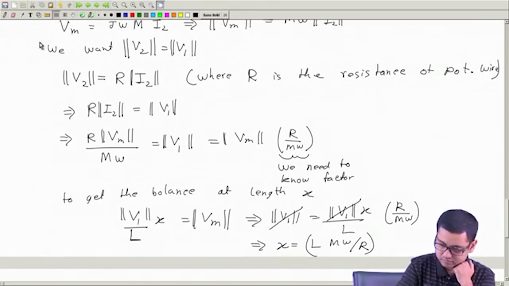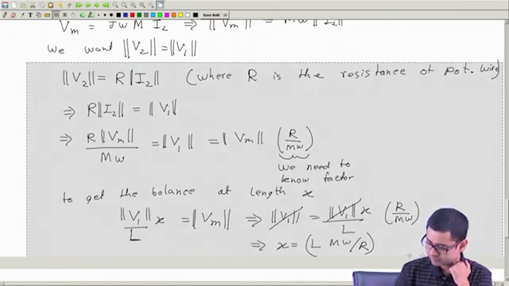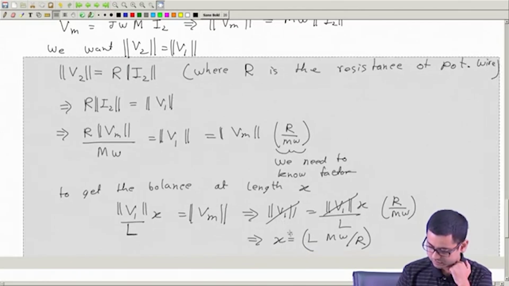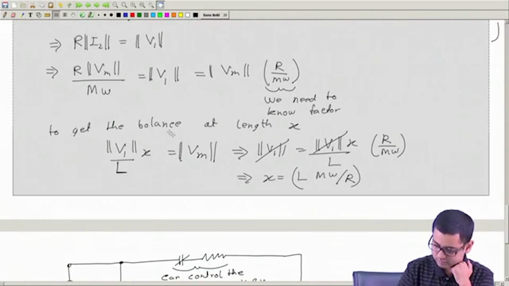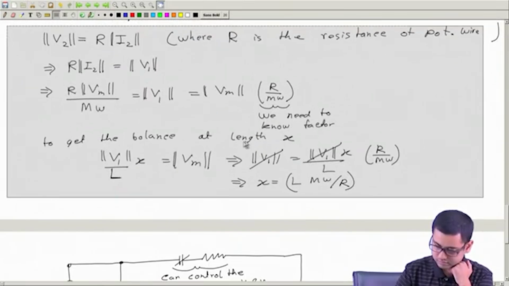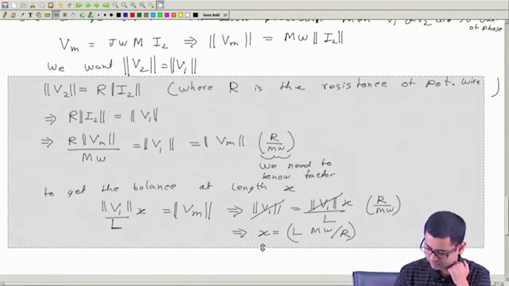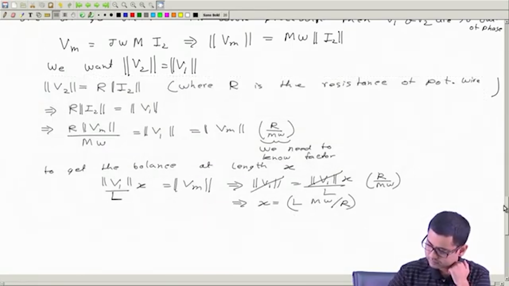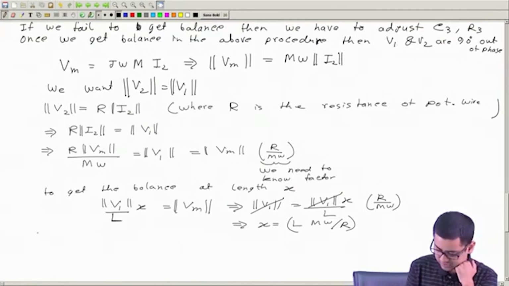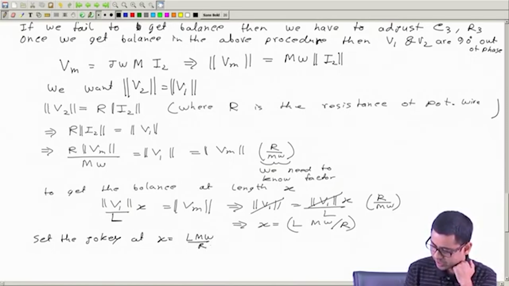Now what we have to do is set the jockey at x equal to L m omega by R. Okay, this factor m omega by R should be known.